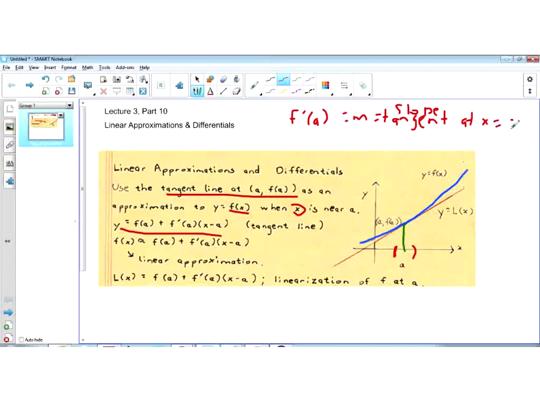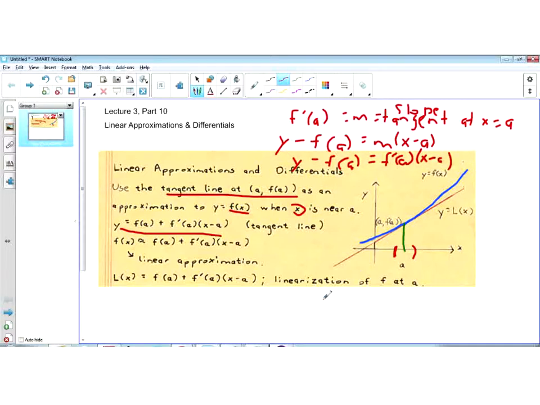All right, so there's your slope, and now we have the coordinates of a point on the tangent line. So we have y minus f of a is equal to m times x minus a. This is the equation of the tangent line to the function f at x equals a. Now we know what the slope is. It's f prime of a, the derivative of the function at x equals a, times x minus a.